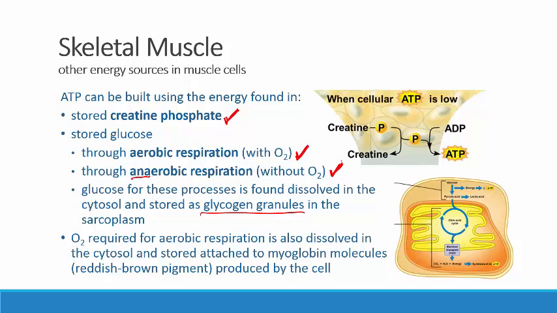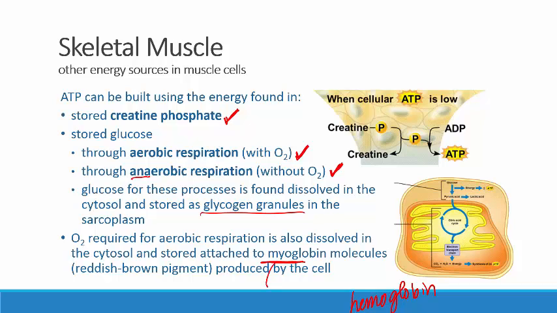Because it's easy to run out of oxygen, we can also store up additional oxygen in the cytosol of the muscle cell, and we store it attached to a molecule called myoglobin. You've probably heard of hemoglobin. That is an oxygen storage molecule that's found in red blood cells. We have a similar molecule called myoglobin.